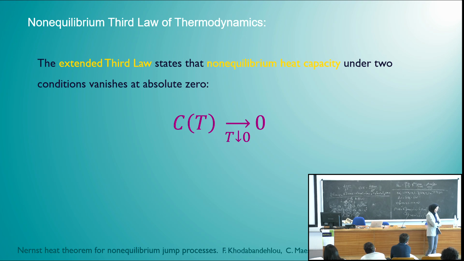But on the other hand, there are some crystals, for example spin ice, where when you go to zero temperature, the entropy is not going to 0.